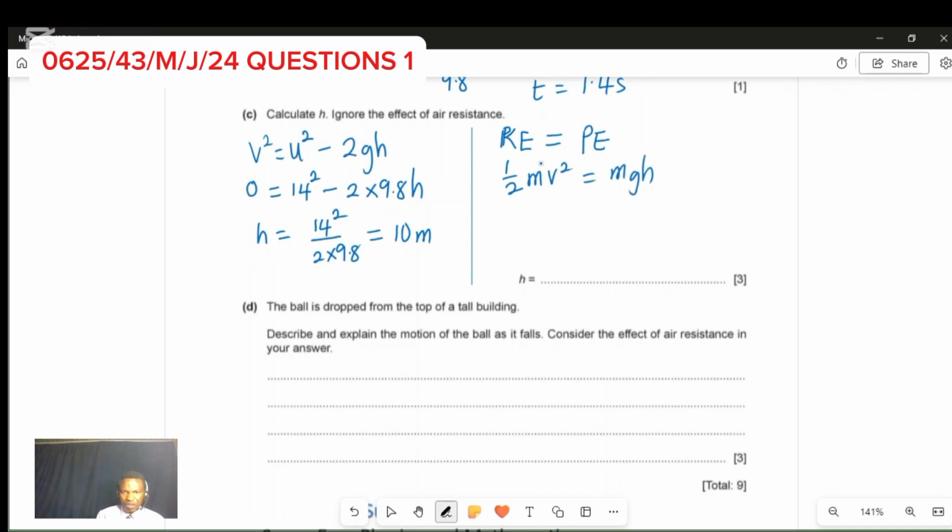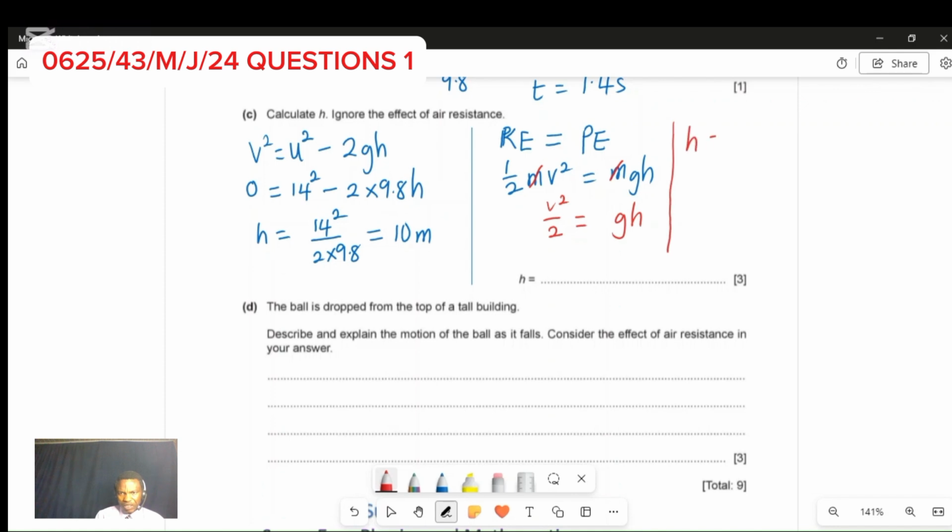Because the ball is the same ball, the mass is the same, so mass goes off this equation. So we have v square over 2 is equal to gh. Then h is equal to v square over 2g, which is equal to 14 square over 2 times 9.8. That will also give us 10 meter.